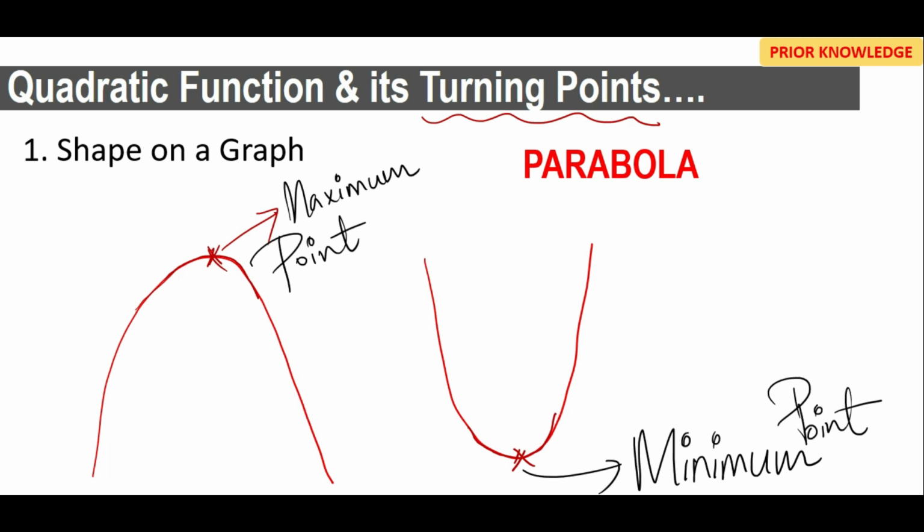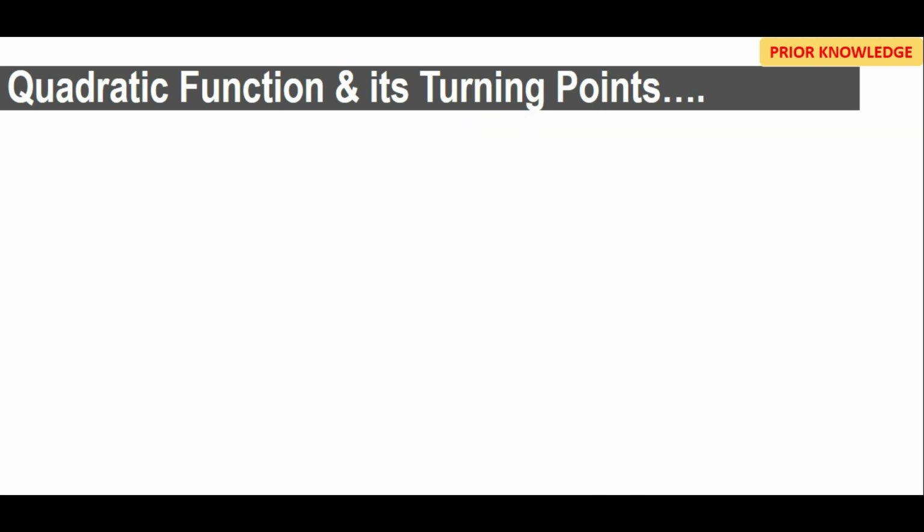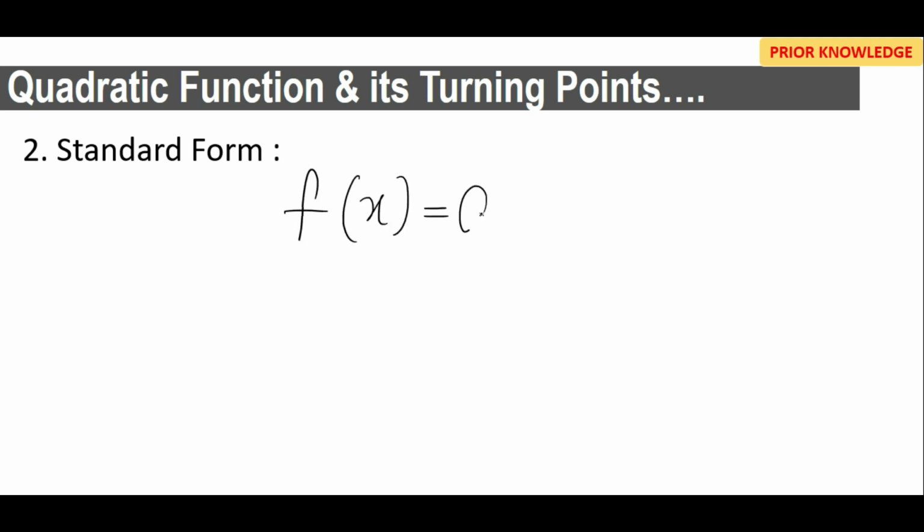Moving on to the next. You should know the forms in which a quadratic function is written. The standard form, which is f of x is equal to ax squared plus bx plus c, and a not equal to 0.